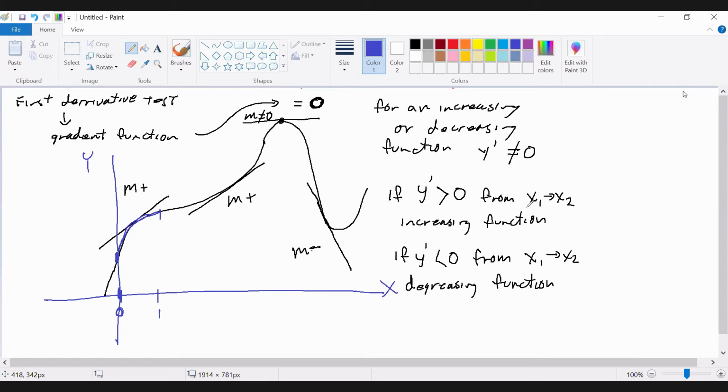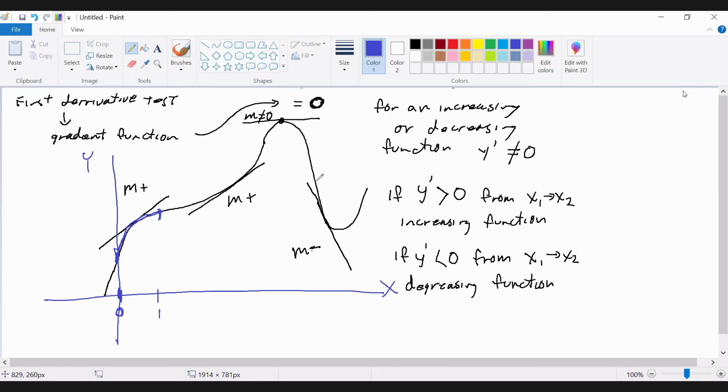If the value here is positive and the value here is still positive, then that means at this interval, it is increasing.